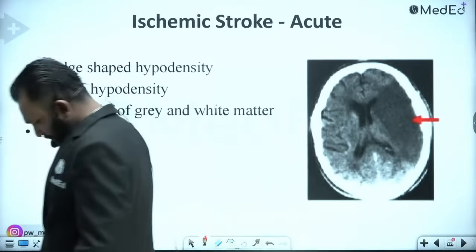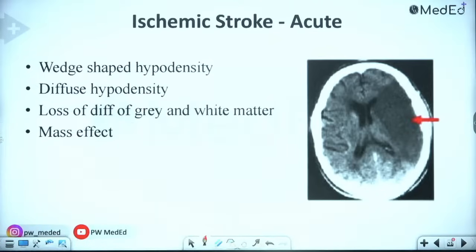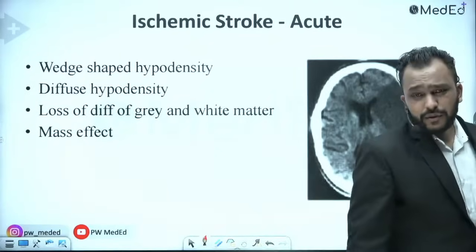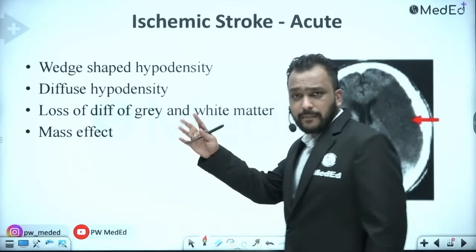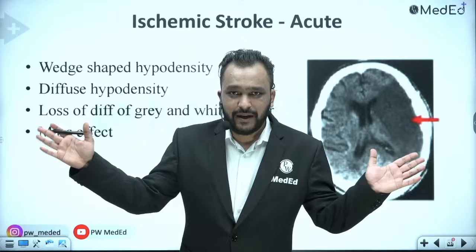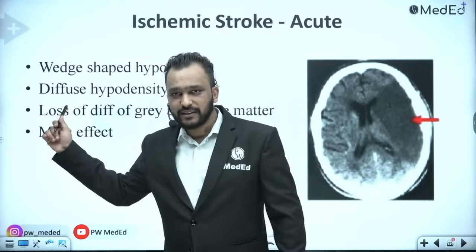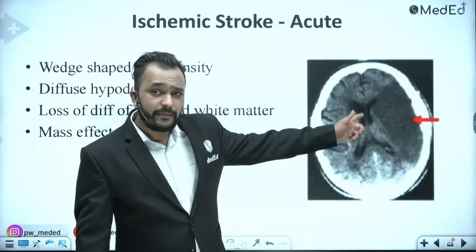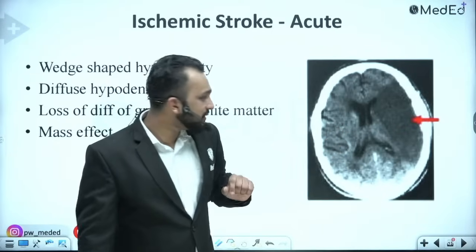Now guys, what are the imaging features of acute ischemic stroke? Just remember the 4 important features: there will be a wedge-shaped hypodensity. Then you will see loss of gray-white matter differentiation.